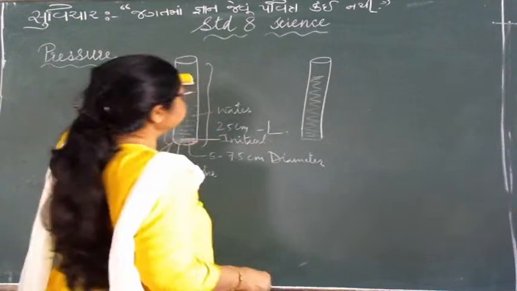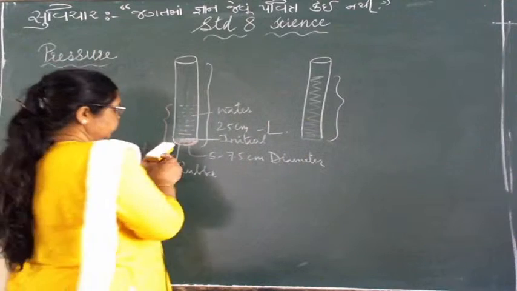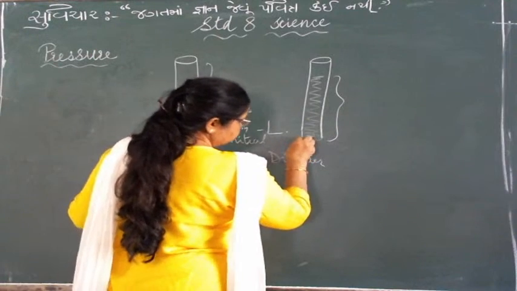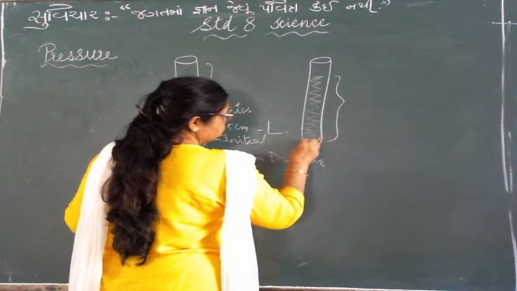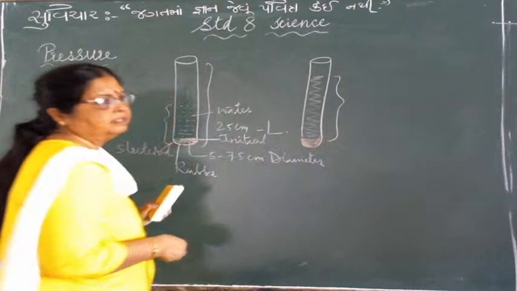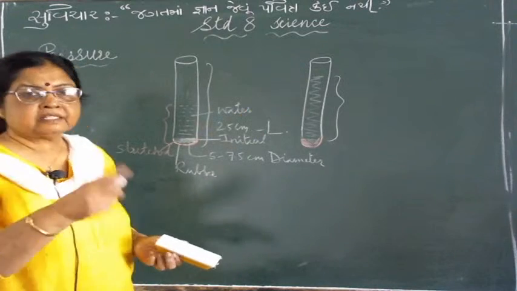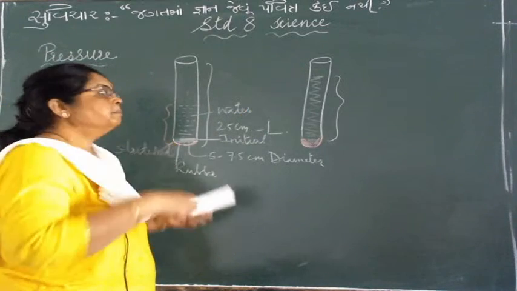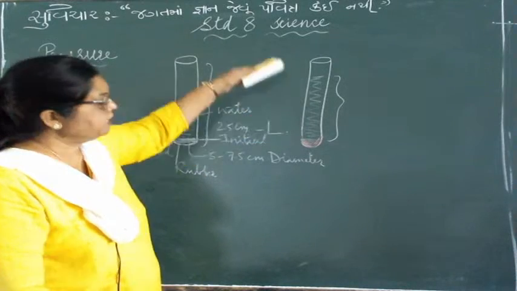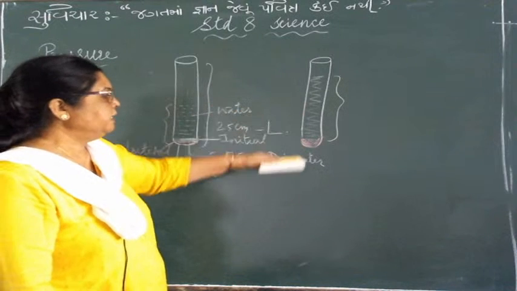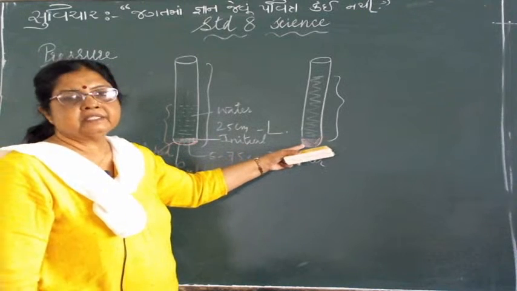See, now my water level I have increased up till here, and if you see, then my rubber also increases in the stretching, and this shows that if you increase the water level, the pressure increases, the force increases downward, and due to that the rubber, which was stretching only up till here, is stretching so much.